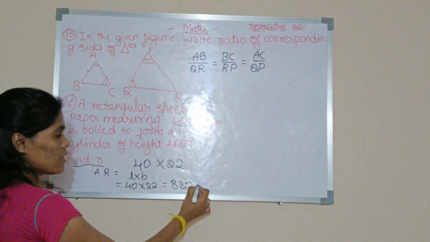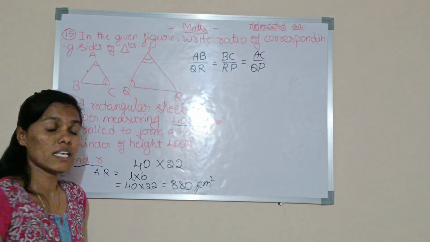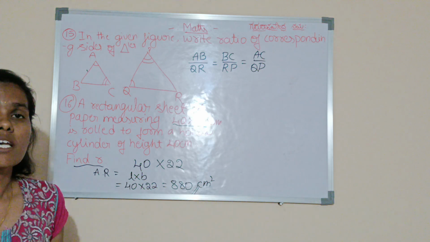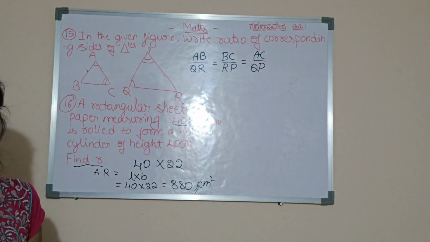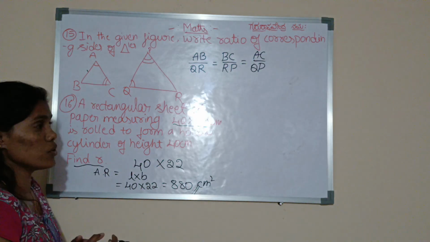Area of the rectangle, 880 centimeters square, is equal to the CSA of the cylinder. Using the CSA of the cylinder, you have to find R.